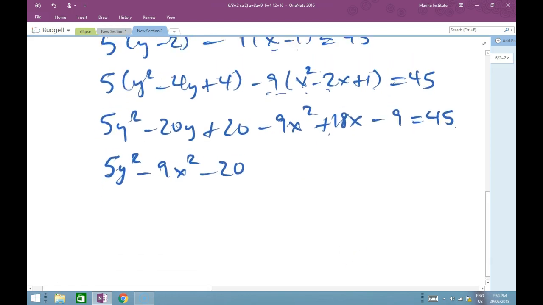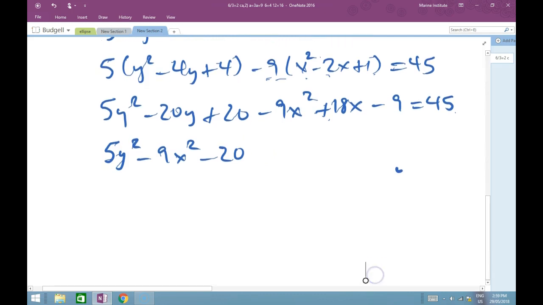Seems like my pen has a problem. One second. Here we go. We're going to have minus 20y plus 18x.